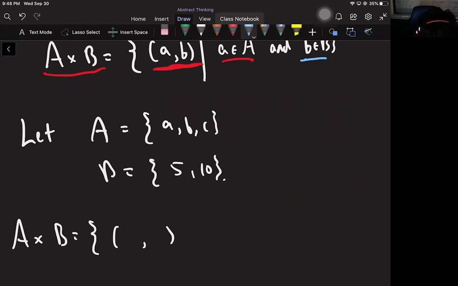Okay, so what is something in A? I guess I should color coordinate. So maybe I'll do green here. What is something in A?